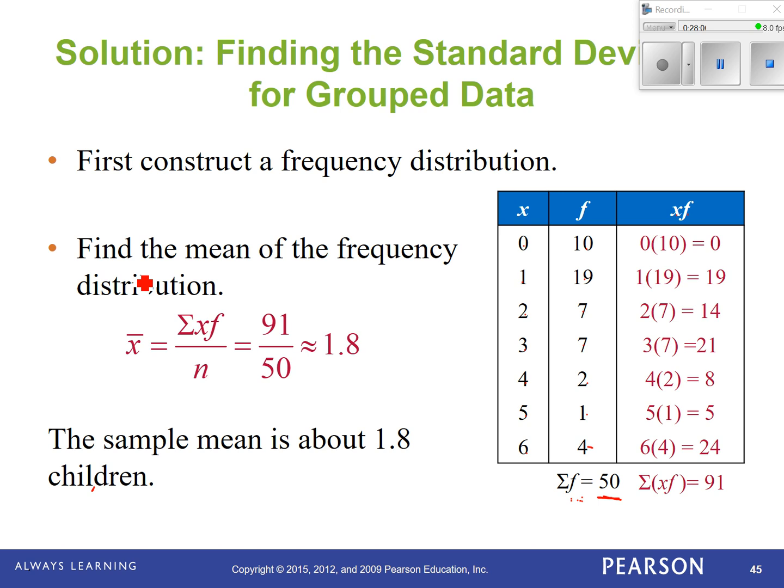We find the mean. Our total over here was 91 when we added all those up. We divide that by how many of them we had, which was 50, and we get 1.8. So that's the mean. That tells us that the average family has about 1.8 children. So we found that mean, that X bar.